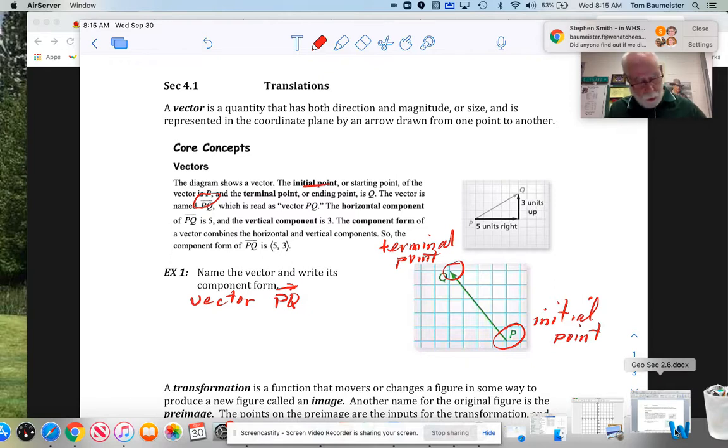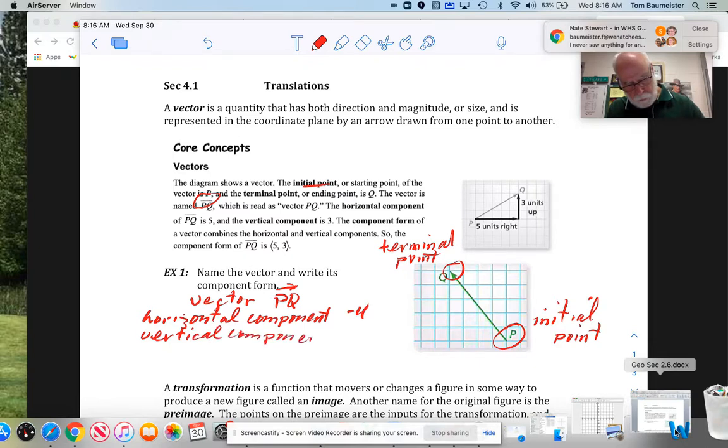All right, so on this one here, our horizontal component is -4. Our vertical component is 5. So now remember, what that means is I went over 1, 2, 3, 4, and then I went up 1, 2, 3, 4, 5.